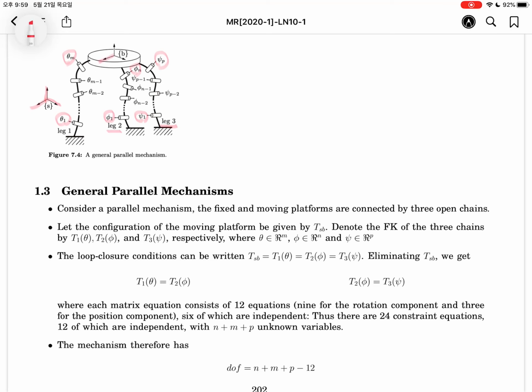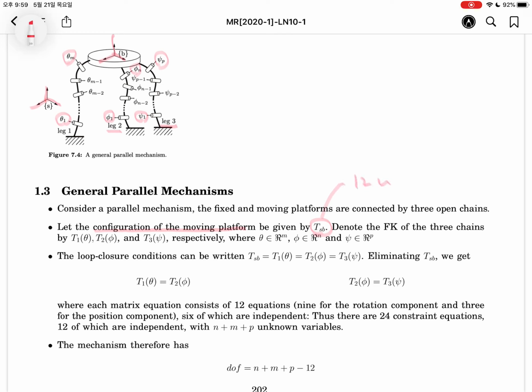The body frame is attached to the moving platform. Let the configuration of the moving platform be given by T_SB. This is a formal description for the orientation and the position.